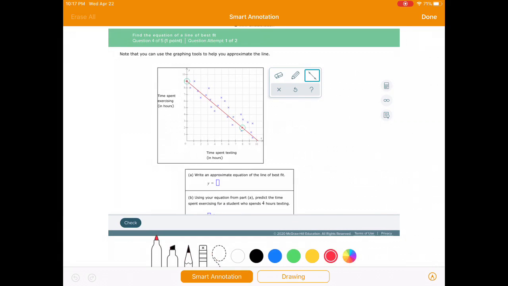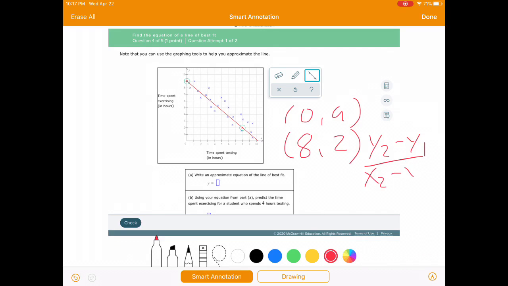And we know step number one, let's find the slope. And this time I'm going to look at the points. All right, so I'm just going to look at all kinds of different ways to perform these problems. So we have the point (0, 9) and we have the point (8, 2). So if I'm going to use our equation for a slope of y2 minus y1 over x2 minus x1, I'm looking at my y's first.